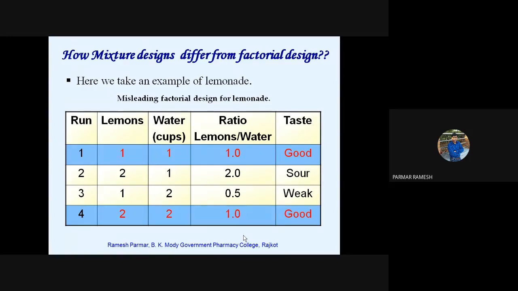Another thing, when we change the water concentration, that is the amount of water, the rest of the two excipients are by default affected. Their ratio changes, not the quantity, but the ratio changes. A similar kind of experiment you performed, I think, using the ternary plot.